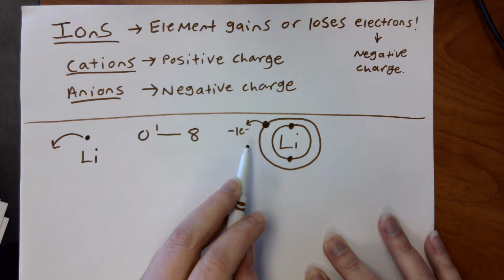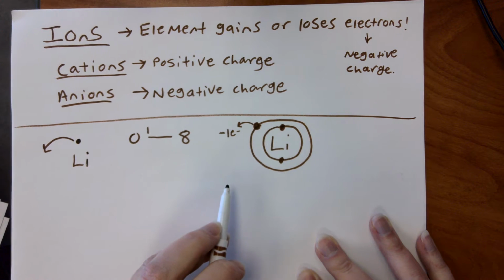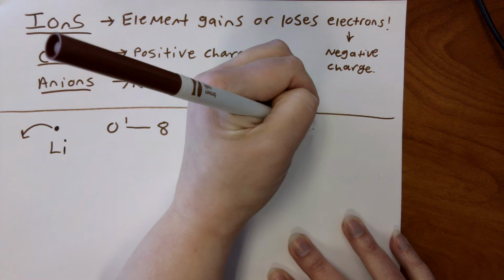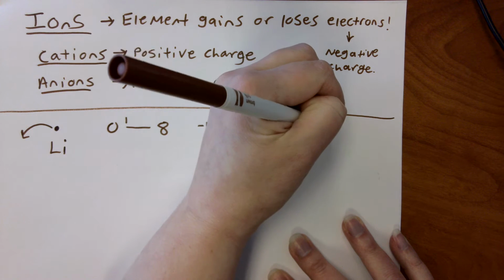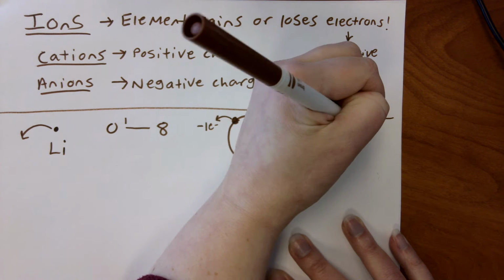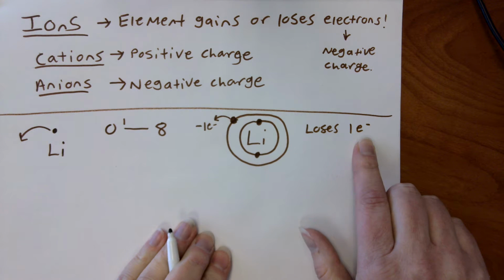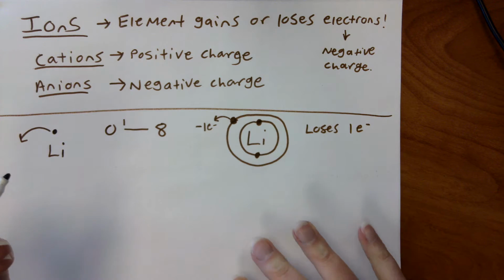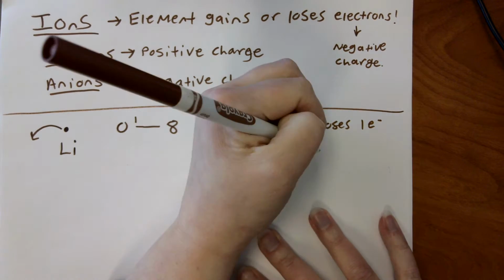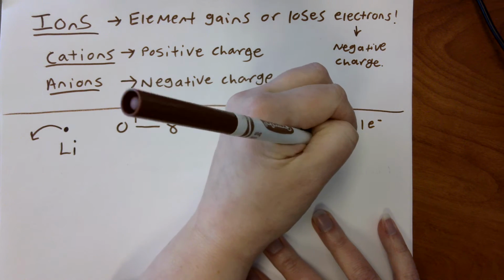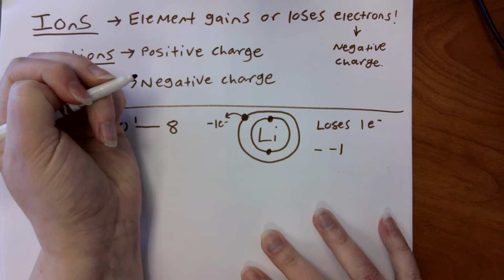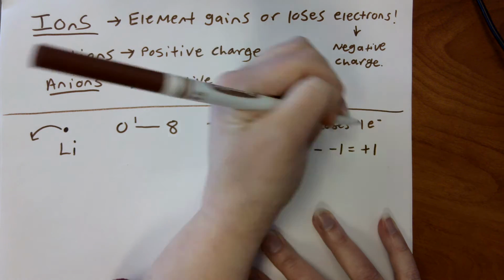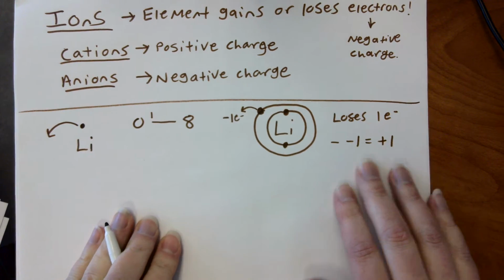Okay, it gets rid of 1 electron. When it does that, it loses an electron. 1 electron. That's how E minus is how I write electrons. So when we lose an electron, it's like saying minus a -1. In math, we know that a double negative means a plus, so this equals +1. Okay?